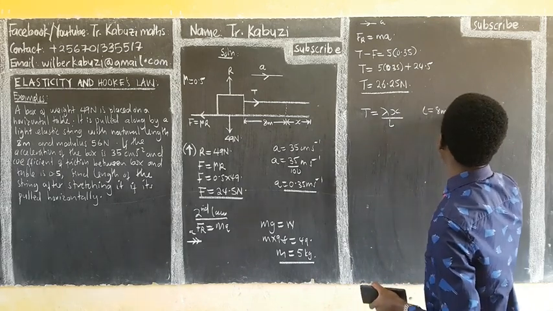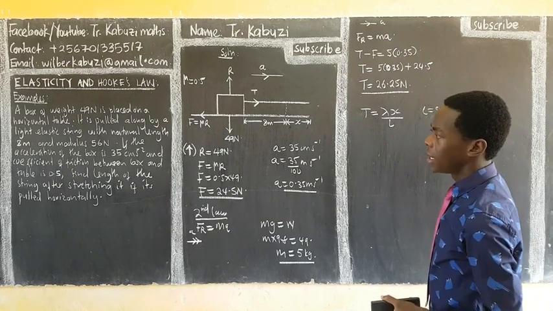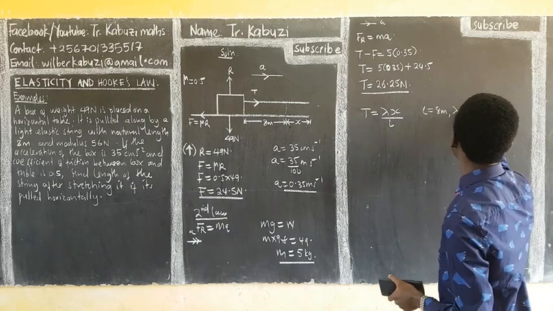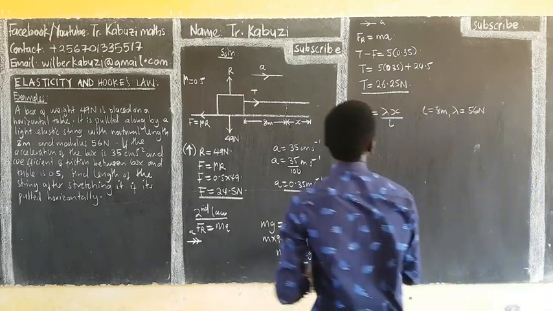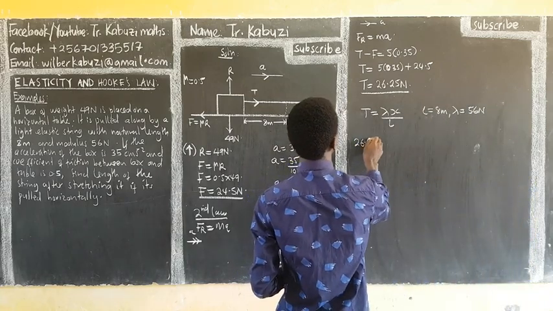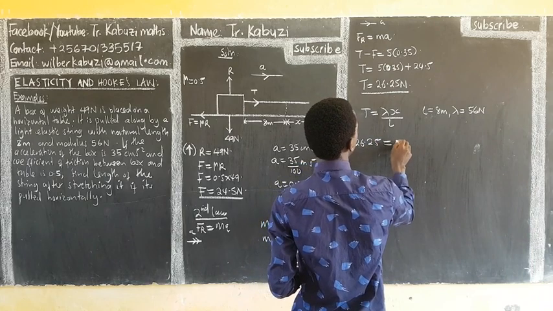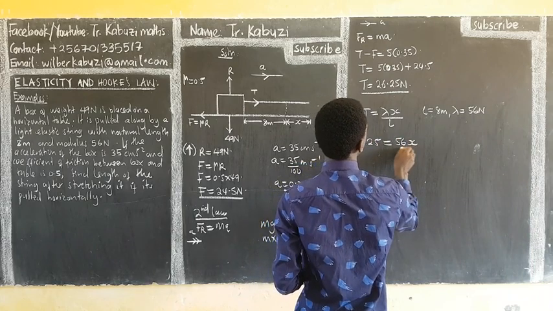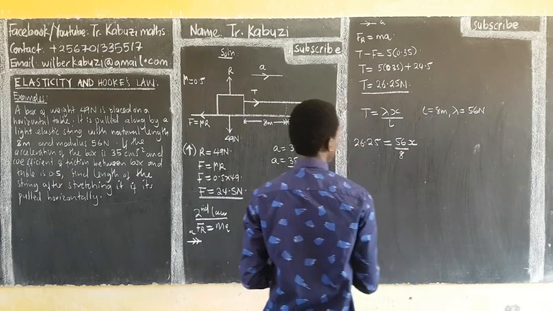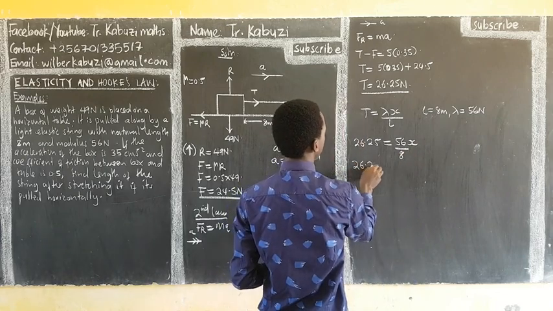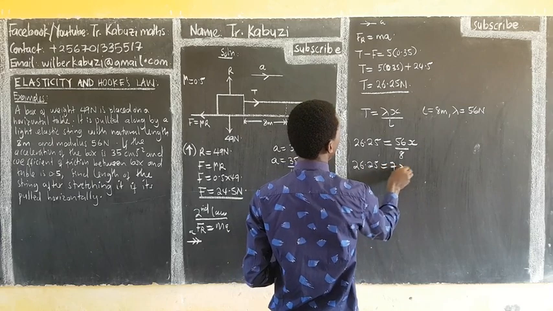Do we have lambda? Yes, our lambda is 56 newtons. And we have the tension. So substituting there, we have 26.25 equals 56x over the natural length, which is 8. So 26.25 equals 7x.